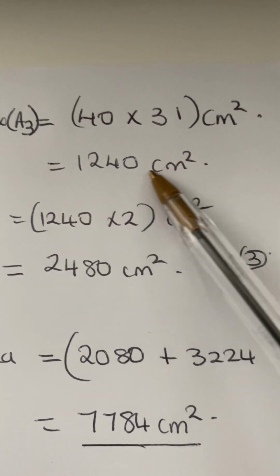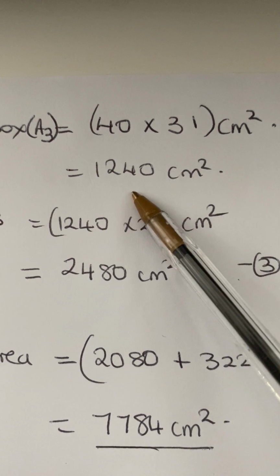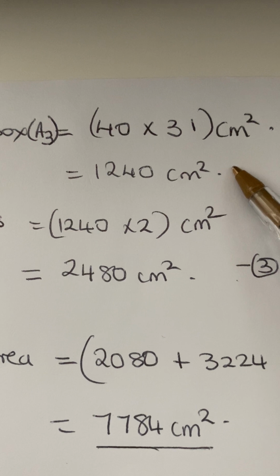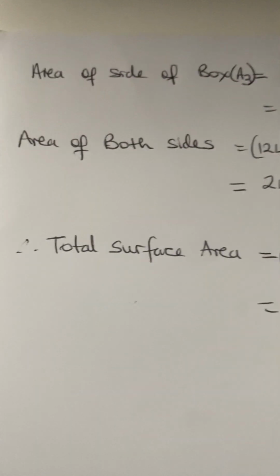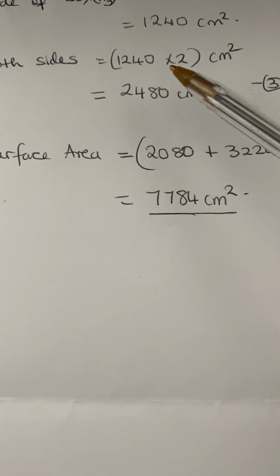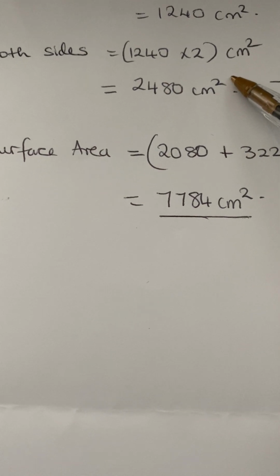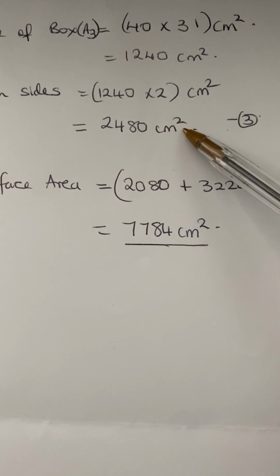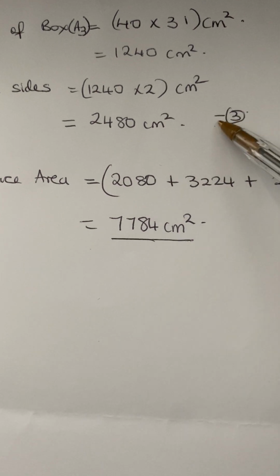If you multiply correctly, you get 1240 centimeters squared. Here again, for the area of both sides, we multiply by 2, which will give us 2480 centimeters squared. That will be our third part.